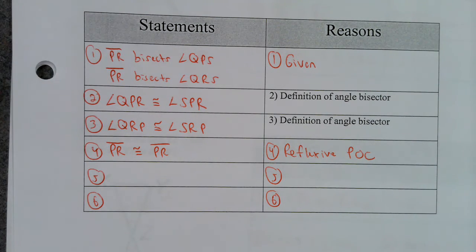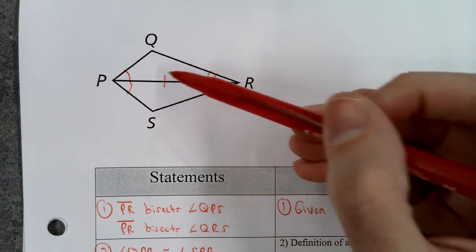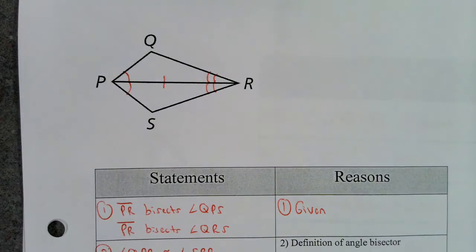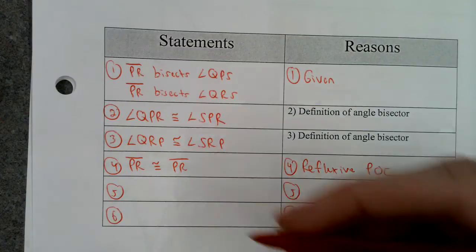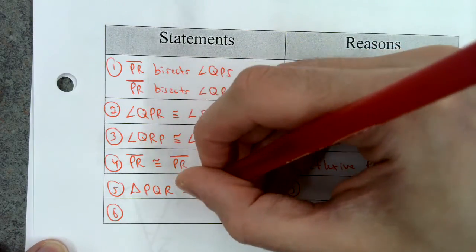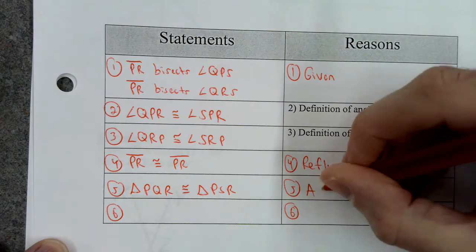And now I can say that the 2 triangles are congruent because I have angle, side, angle. So I'll say triangle PQR is congruent to triangle PSR, angle, side, angle.